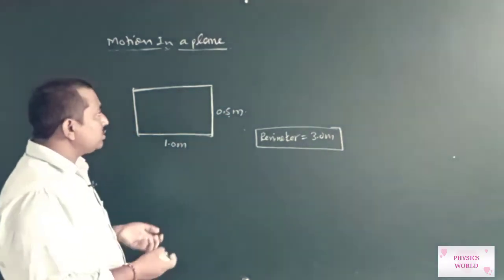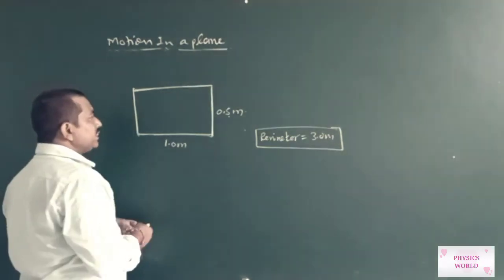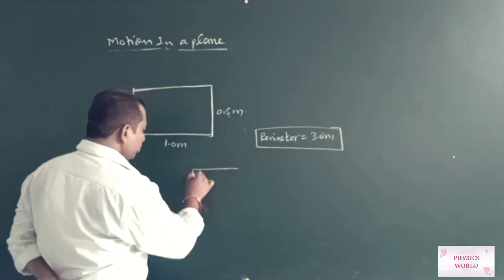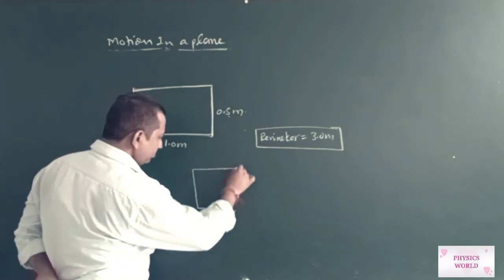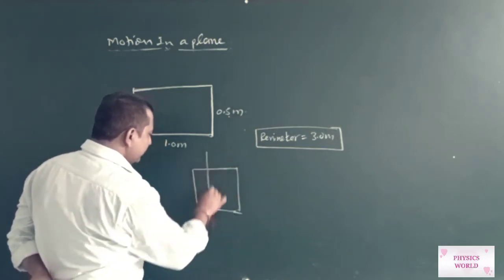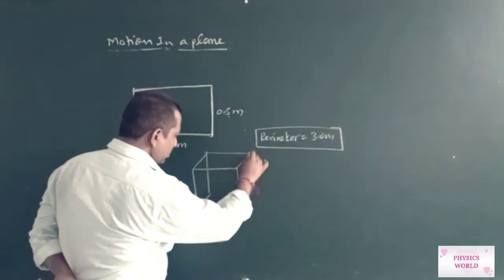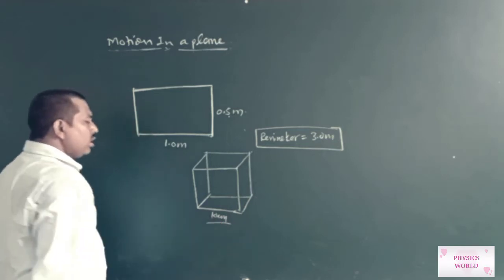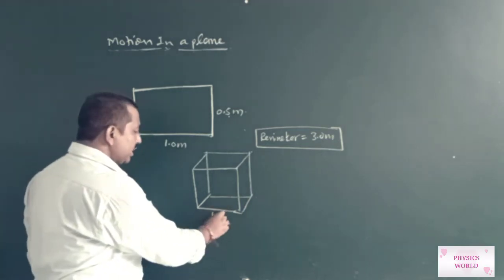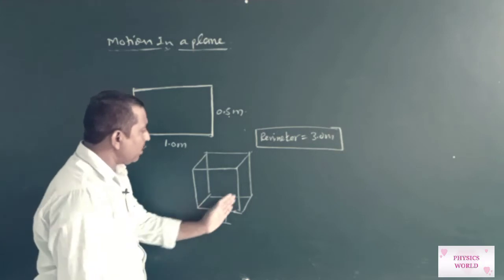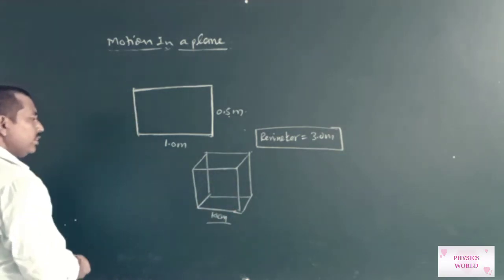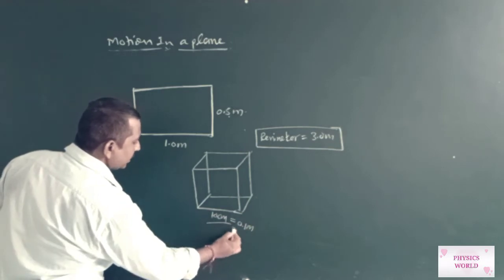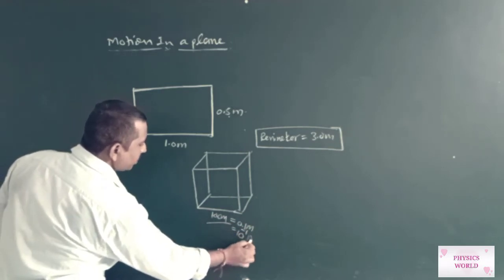Similarly, let us take another example. Suppose we have a solid cube of side 10 centimeter. If the side of this cube is 10 centimeter, then what will be the volume of this cube? Since the side is 10 centimeter, that is 0.1 meter, that can also be written as 10 to the power minus 1 meter.